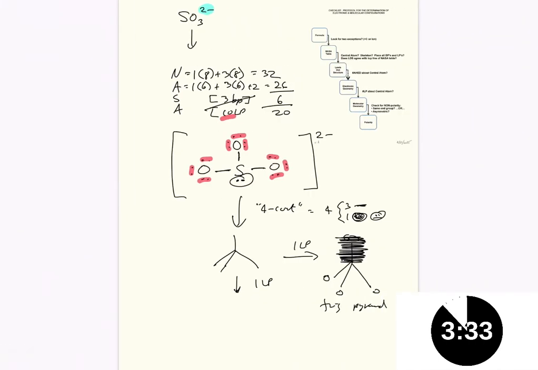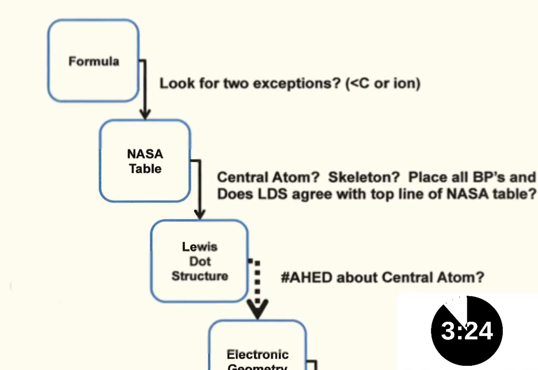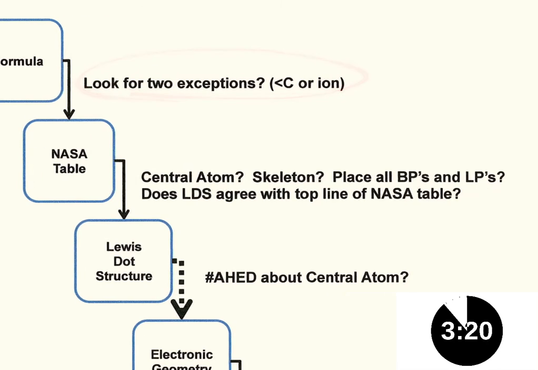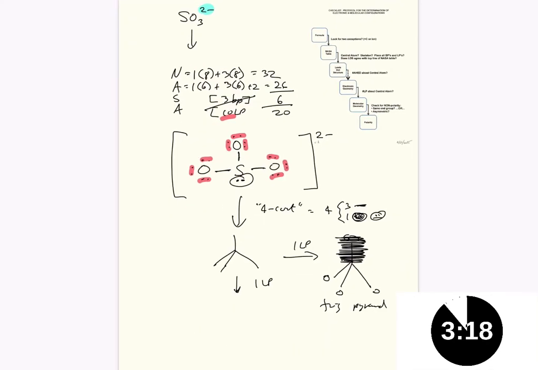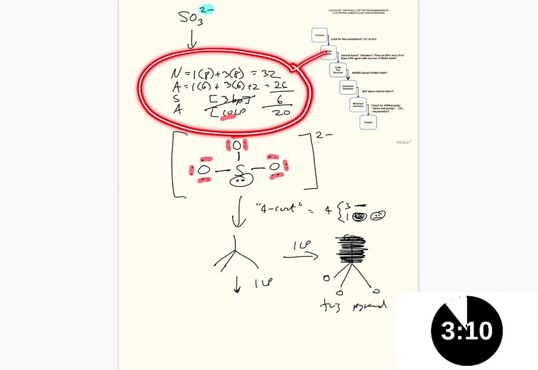There are 2 notable exceptions. There's a carbon and an ion, a smaller than carbon, and are an ionic material. So that's a quick fix that you have to put right here. And I just wanted to show you an example where you have an ion. Anyway, you can have a formula, and from that formula you're going to have a NASA table.